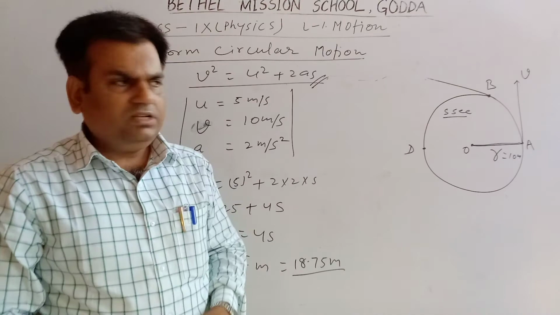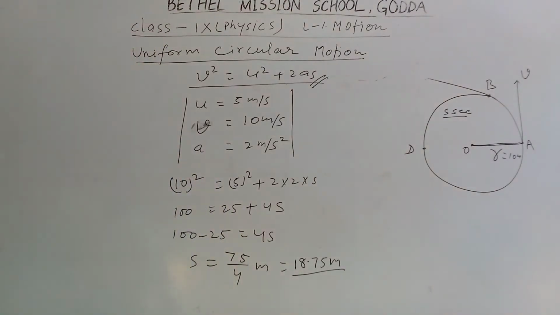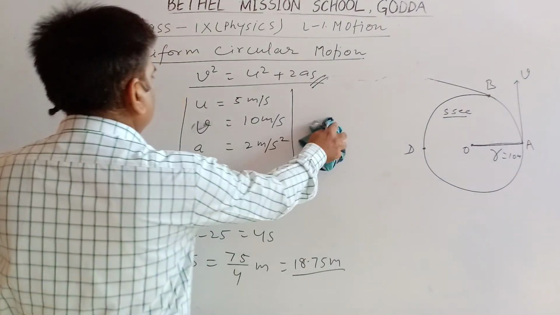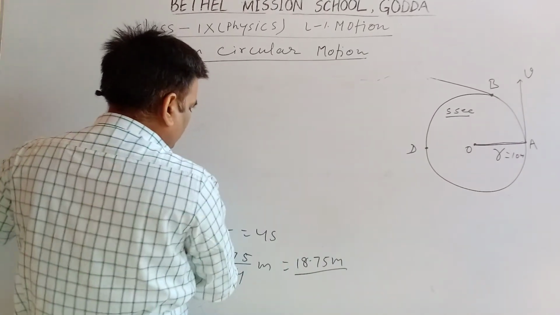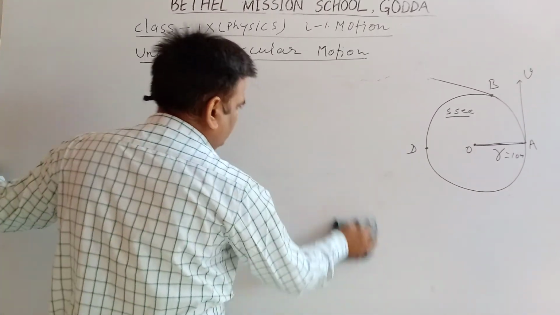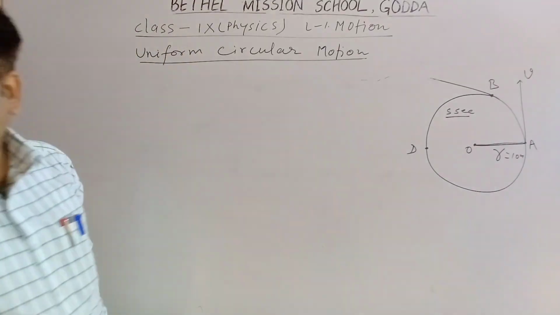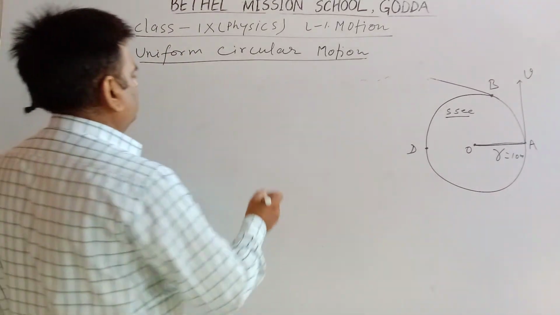So for the velocity of the object here, we will use the equation of circular motion.